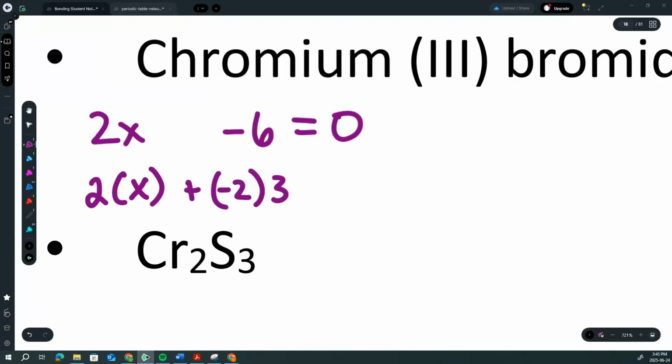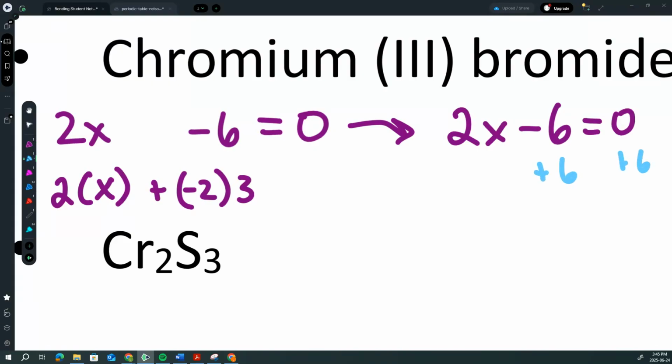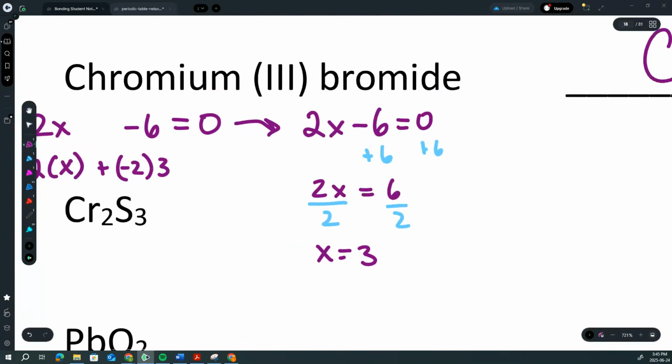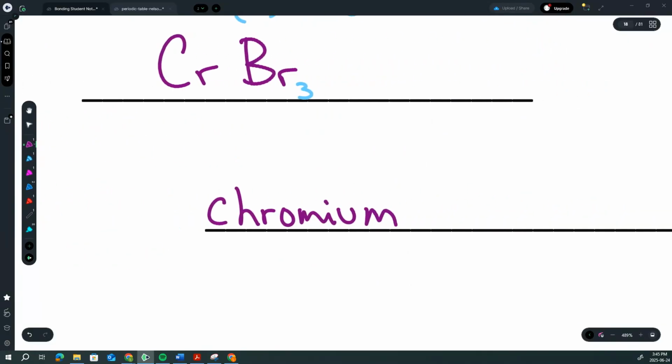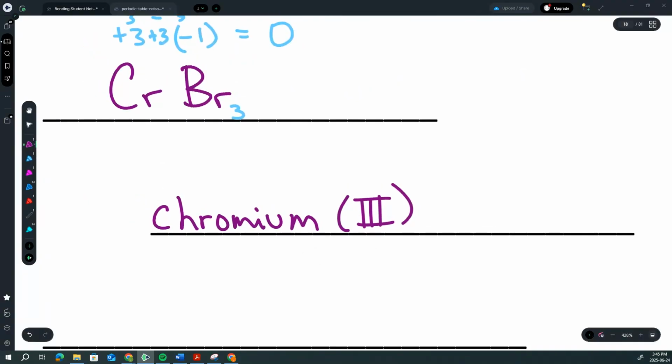So if I do a little bit of algebra, 2x minus 6 is equal to 0. If I add over that 6, we get 2x is equal to 6, divide both sides by 2, we have x is equal to 3. So that's chromium 3+, or chromium 3 sulfide.